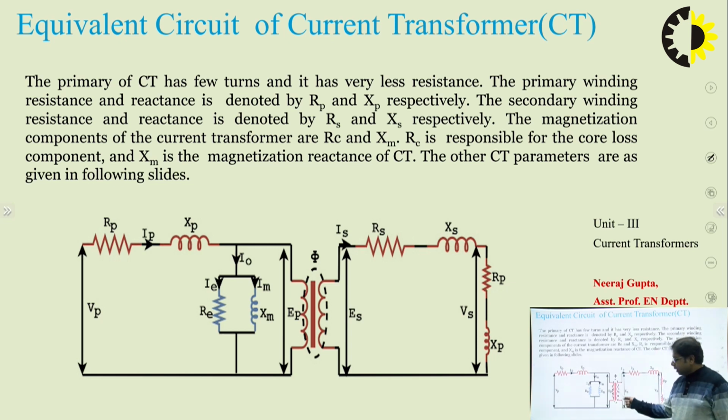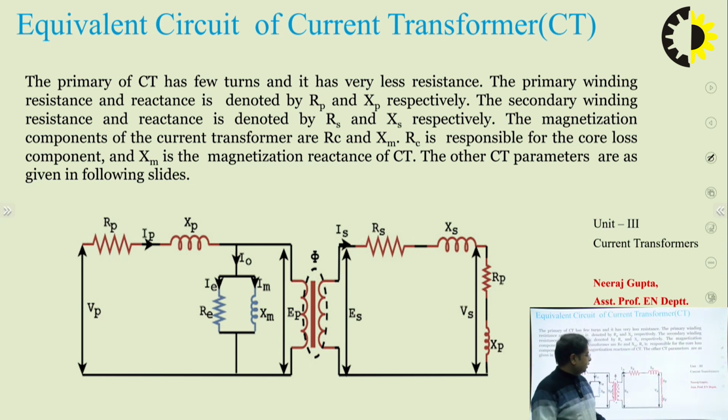The primary induced voltage is EP, the secondary induced voltage is ES, the secondary current is IS, and the secondary resistance and reactance are RS and XS. The connected load or burden is also shown. Here we specifically develop a flux phi linking the primary and secondary.